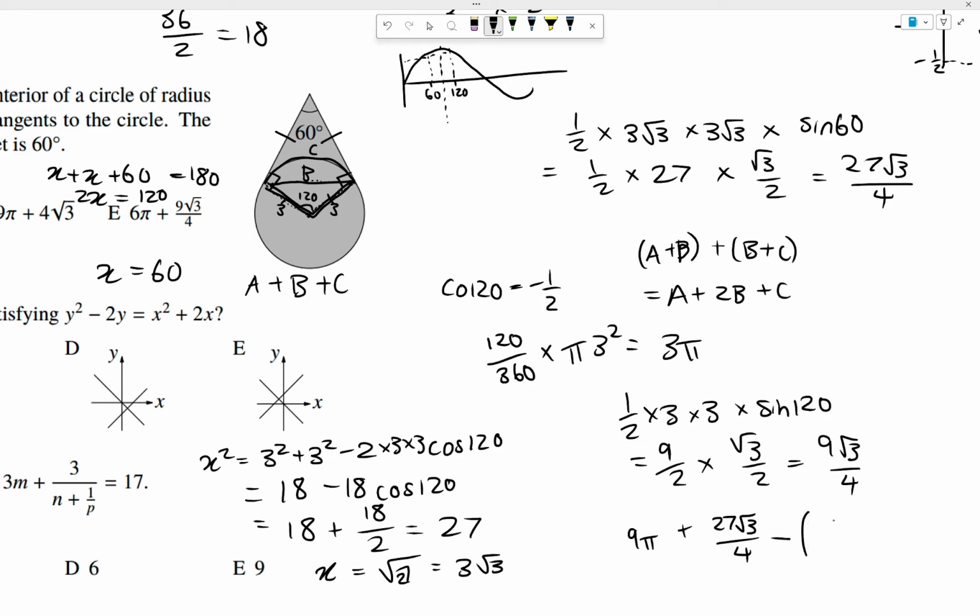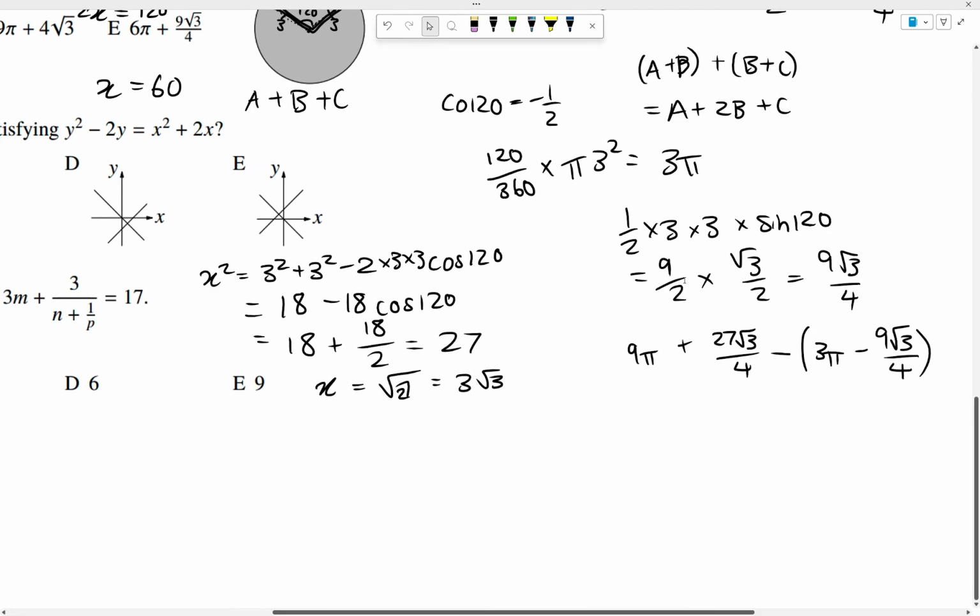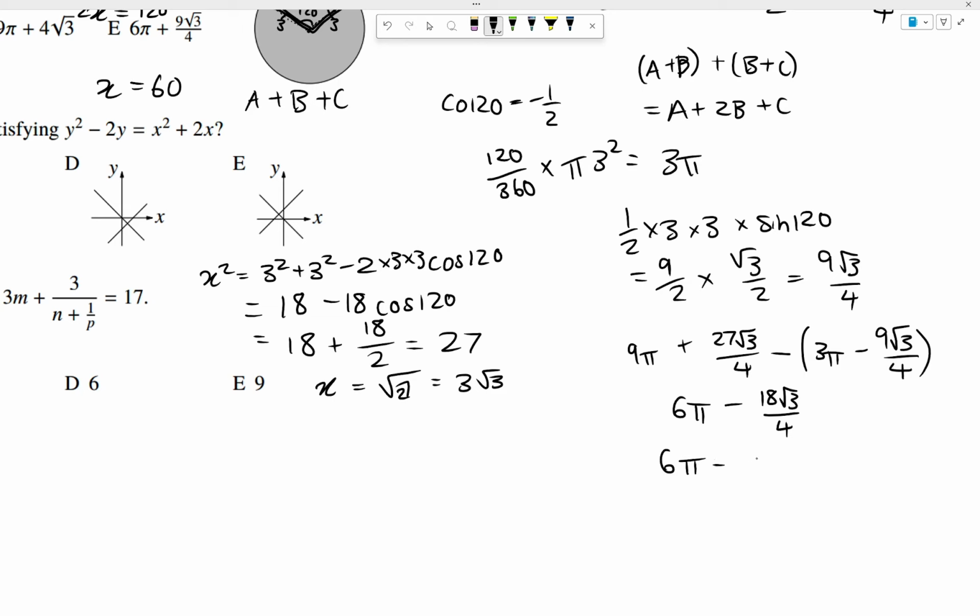So we'll be subtracting off the area of the sector, which is 3 pi, minus the area of the obtuse triangle, which is 9 root 3 over 4. And this is equal to 6 pi minus 18 root 3 over 4, which is 6 pi minus 9 root 3 over 2.